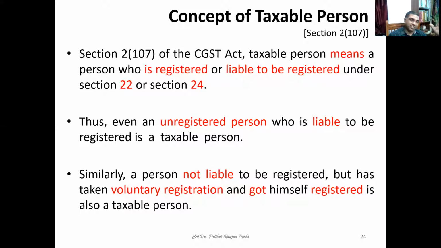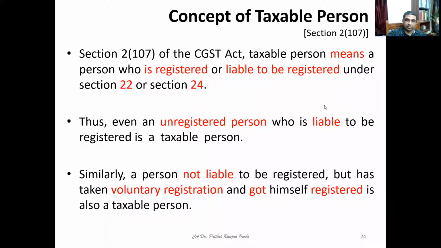One more thing. Even if a person is not liable to be registered, but he has taken voluntary registration, that is also allowed. Even if you are not liable to be registered, if you want, you can get yourself registered. That is voluntary registration. So a person who is not liable to be registered, but has voluntarily got himself registered, is also a taxable person. Is this concept clear to you?